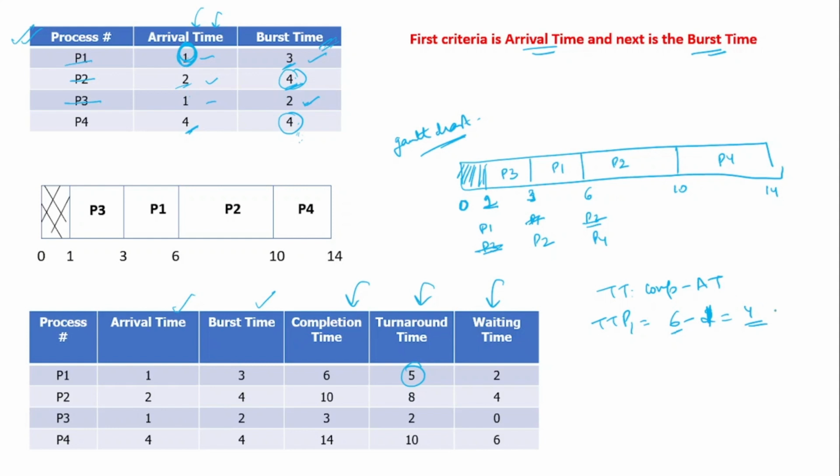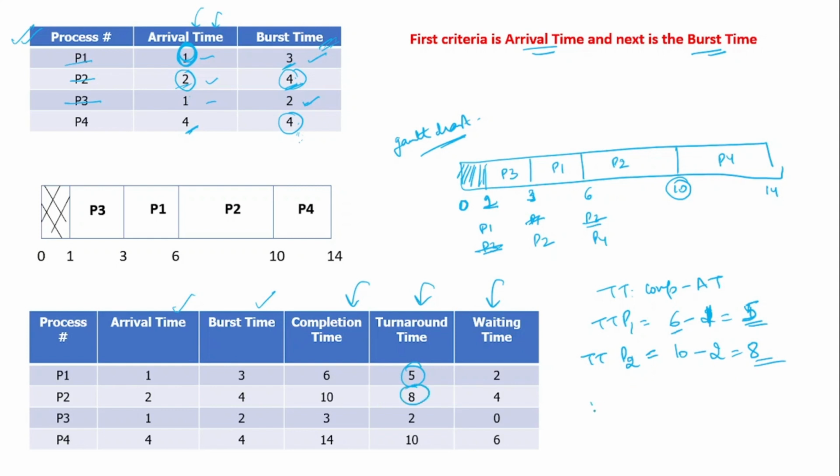So that's how this is 5. 6 minus 1 is 5. Okay, similarly turnaround time of P2 is what? The completion time of P2 is 10 here minus the arrival time of P2, which is 2, and this gives me 8. So again the turnaround time of P2 is 8.